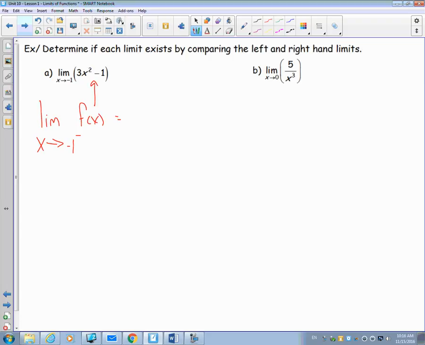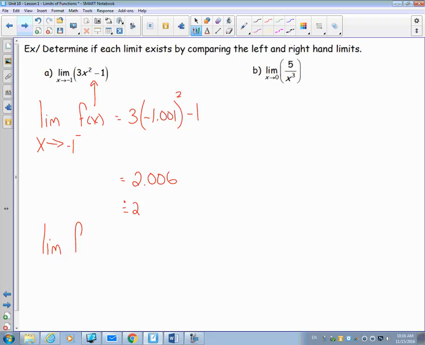So let's pick a number to the left of -1. A nice number close to -1 would be -1.001. That's just really close. We'll plug that in, and we get approximately 2.006. And I'm thinking the closer I get to -1, the closer this gets to 2. So I'm going to say it's approximately 2.